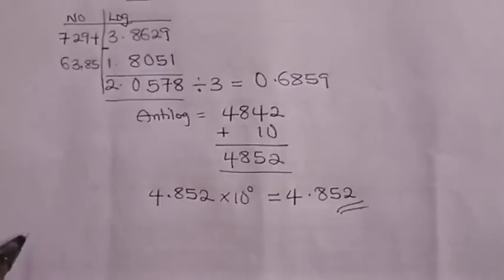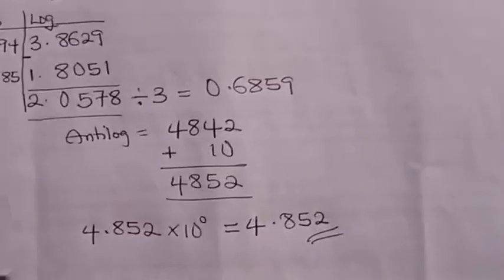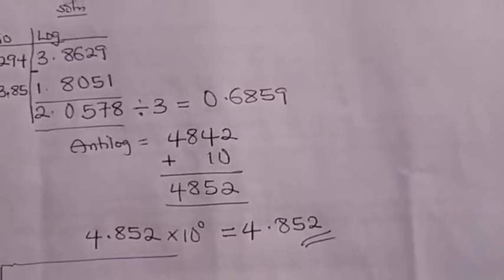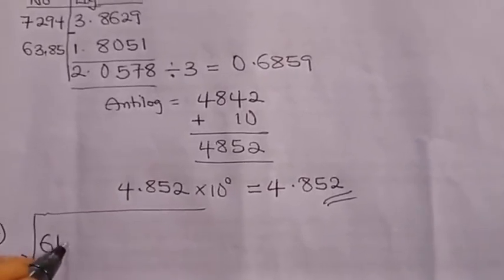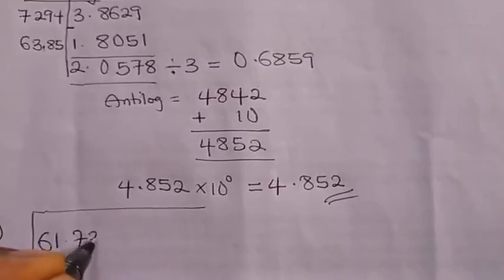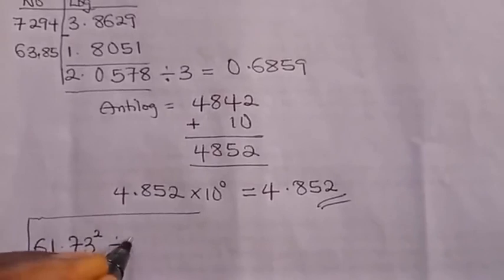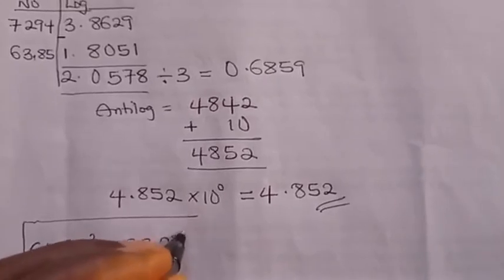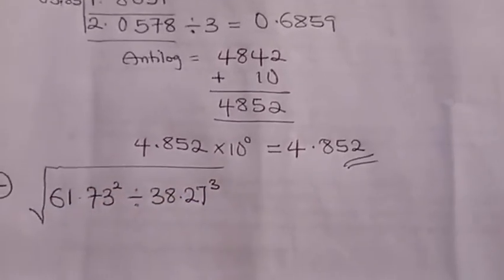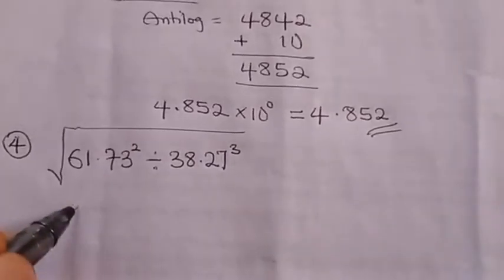Lastly, for the fourth question, we have the square root of 61.73 squared divided by 38.27 cube, and we are to solve this or evaluate this using logarithm table.